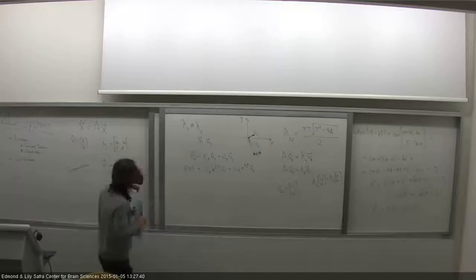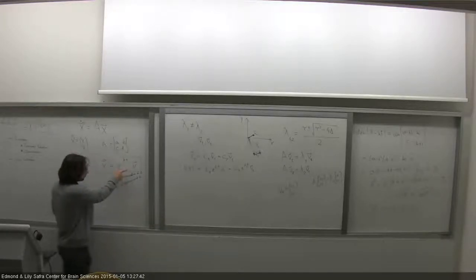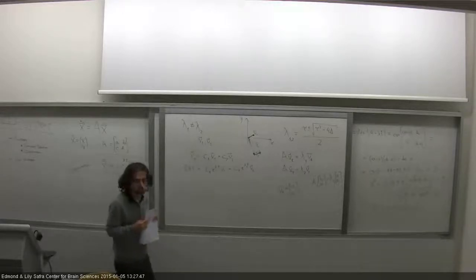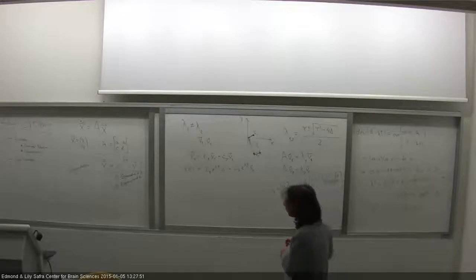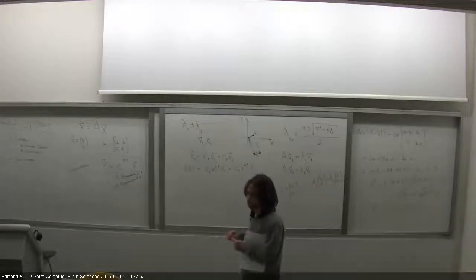Okay? So this means that the system evolves independently for each eigenvector. When you have a solution to the system, it's a solution for a particular x0, right?